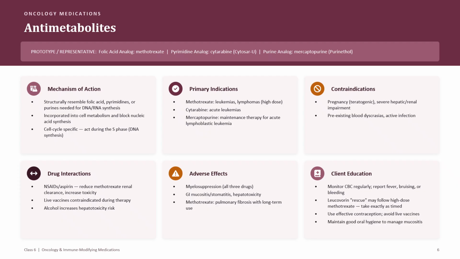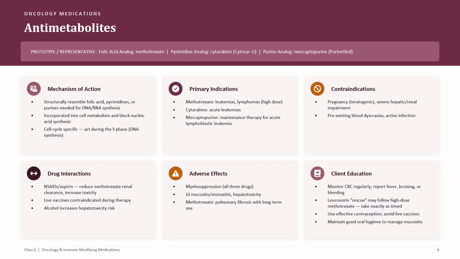Also, if it's going to suppress the bone marrow, then it makes sense that we are not going to prescribe this medication to patients who have existing blood disorders. Because if it's going to suppress the function of your bone marrow, your blood count is already going to be low. So if you have an existing blood disorder, and we give you a medication that's going to further add to that, we're not going to do it.